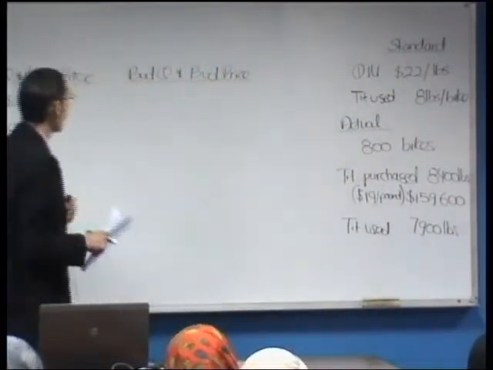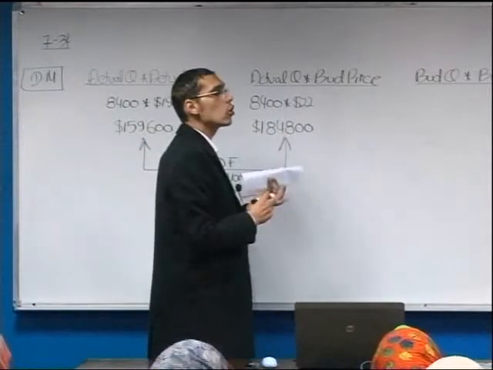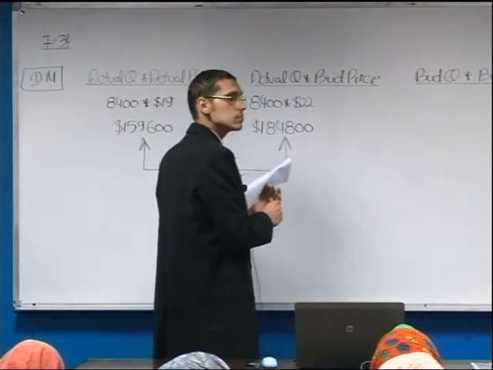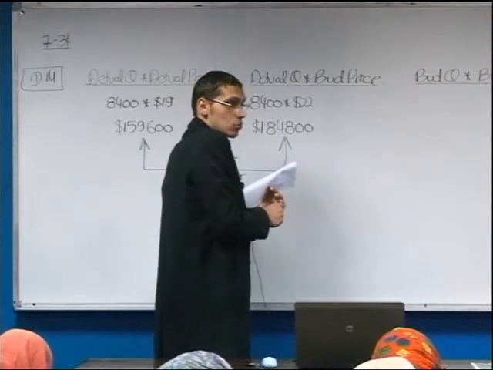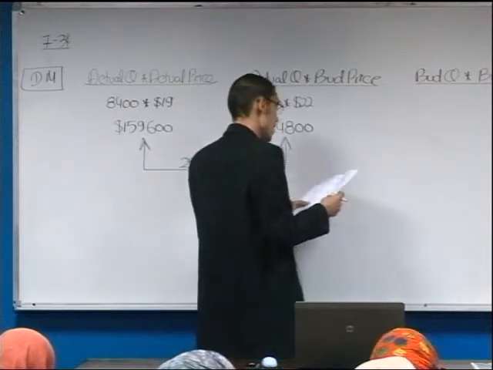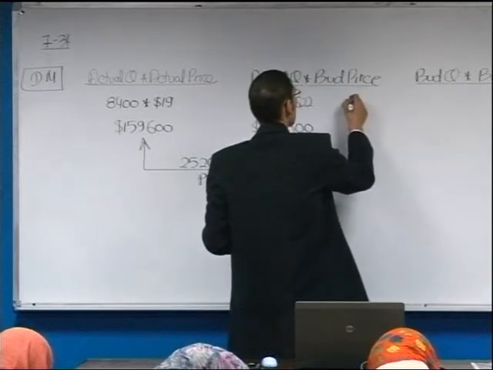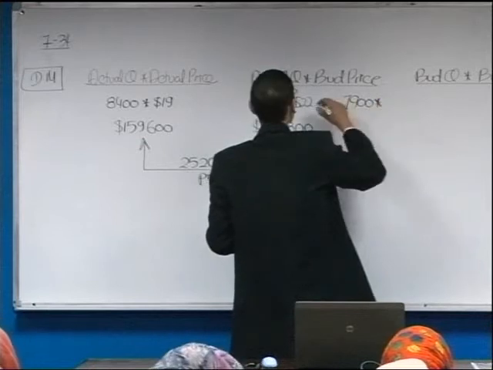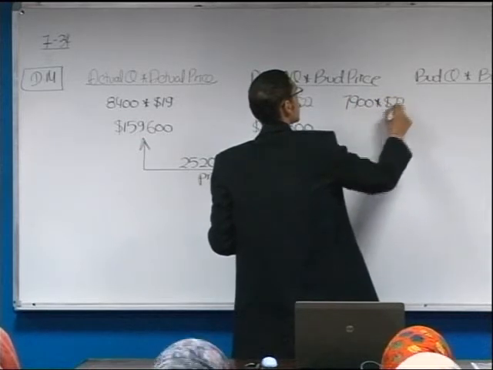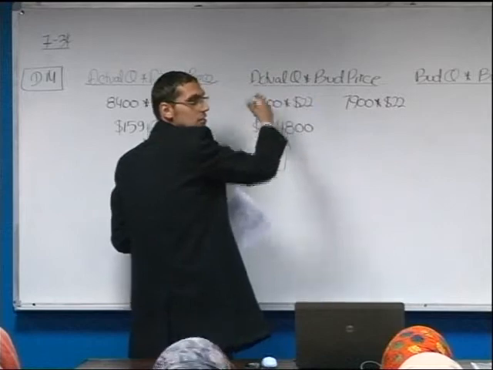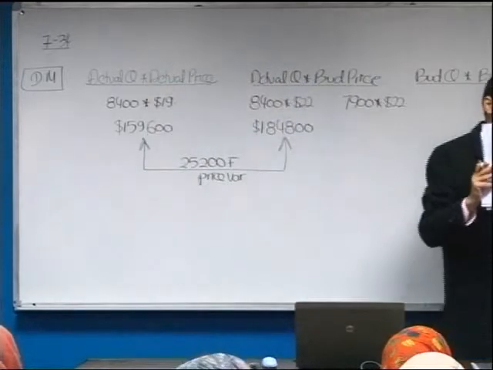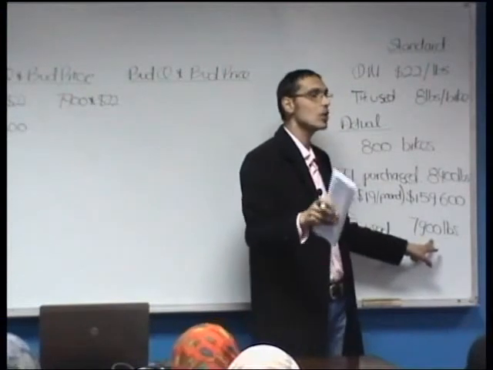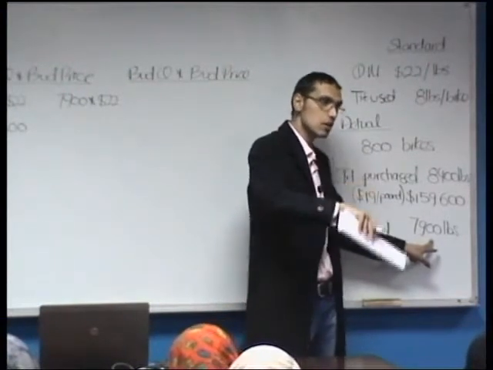Therefore, here the actual quantity would be 7,900 because this is the quantity that was used. 7,900 multiplied by the 22. We are talking about the actual quantity. You need to consider that this 7,900 is an actual quantity that is used within the process.